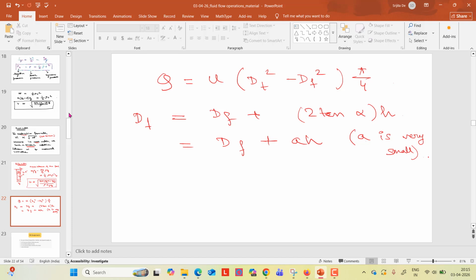So now if we calculate dt square minus df square, squaring on both sides, it will be df square plus 2 df a h plus a square h square minus df square, right?